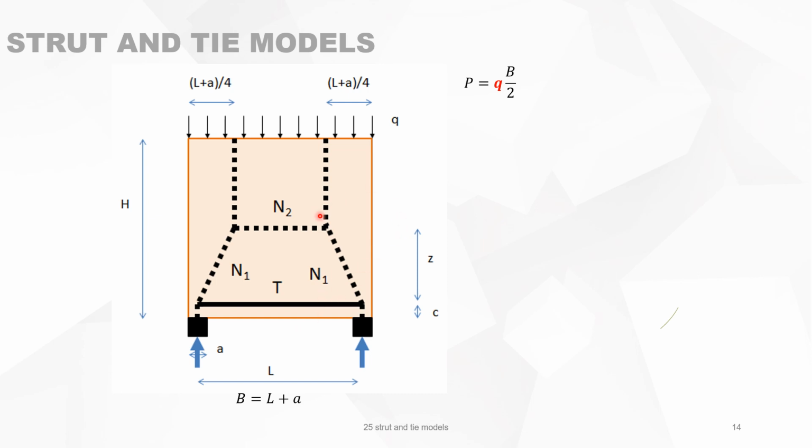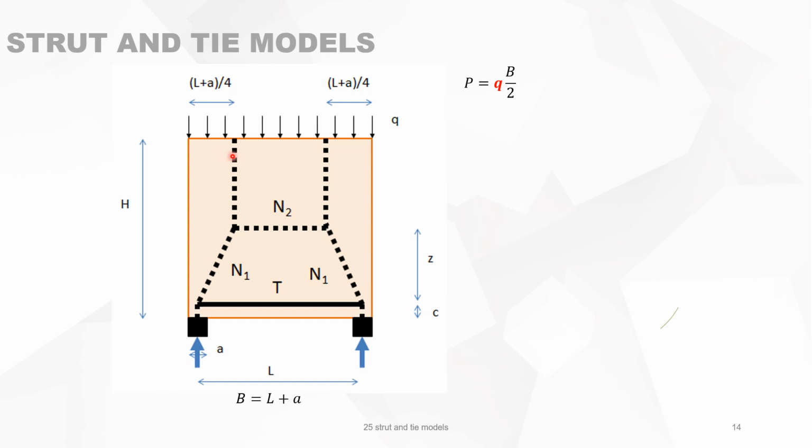But it will not appear in this formula. Let's say Q is inclusive of the permanent load of the wall. Distance between the supports is L, and the width of the support is A. So the total width of the wall is B equals L plus A, and the height is H.